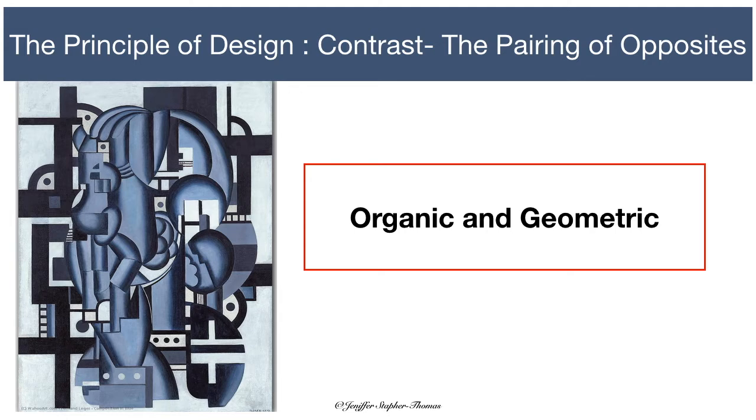Well, let's take a look at this piece. Do you see the geometric shapes? The geometric shapes are long, thick lines that form rather square-like figures, and then there's the rounded shapes in this beautiful monochromatic piece. Do you see how interesting it looks? It looks kind of like a living machine.